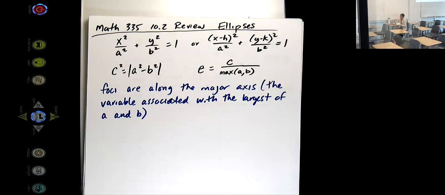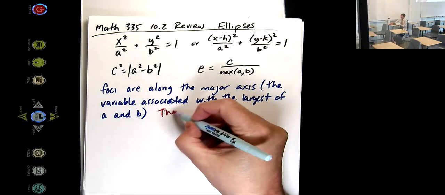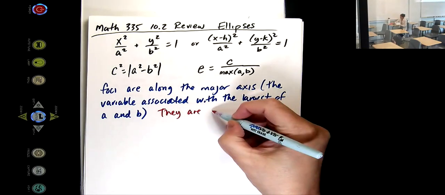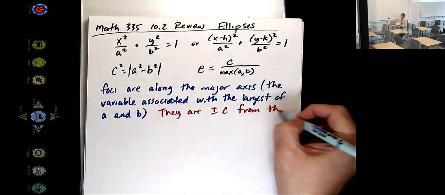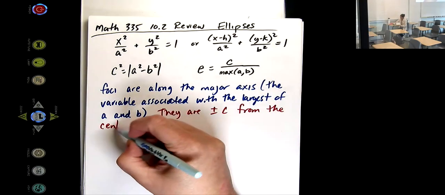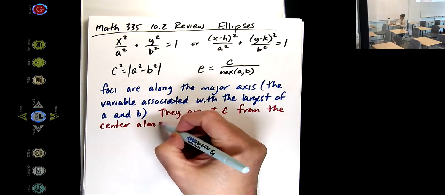The foci are actually plus or minus C from the center, along the major axis.